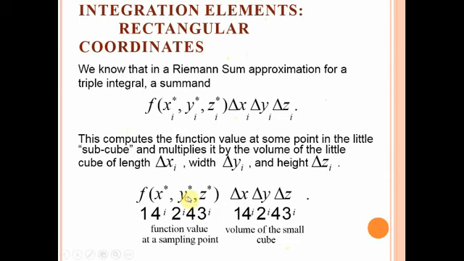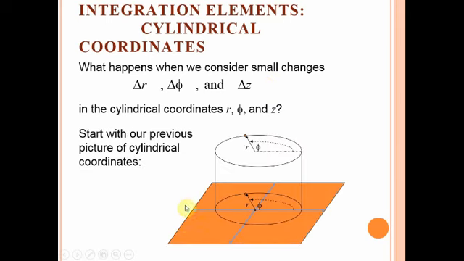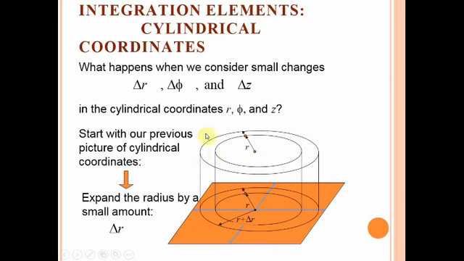We can easily find these delta r, delta phi, and delta z in cylindrical as well. We have r as a position, phi and z. We can create another cylinder outside this with radius r plus delta r, where delta r is the increment in the radius direction.